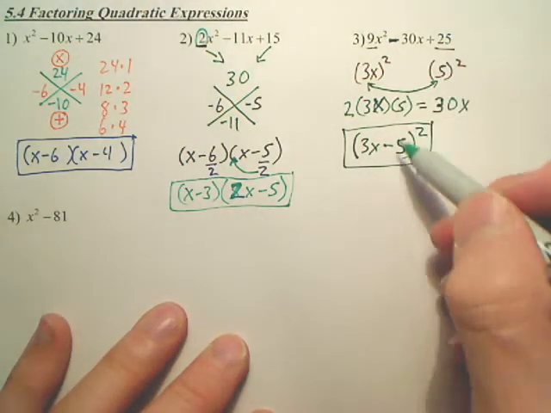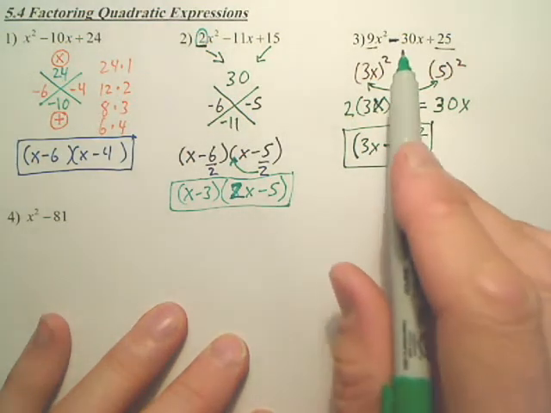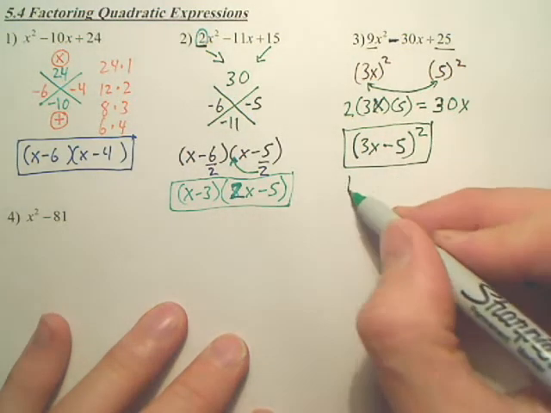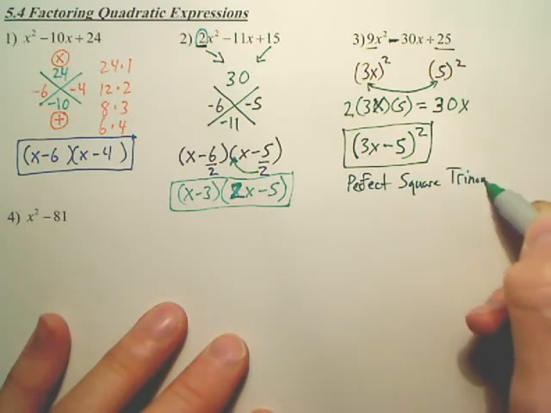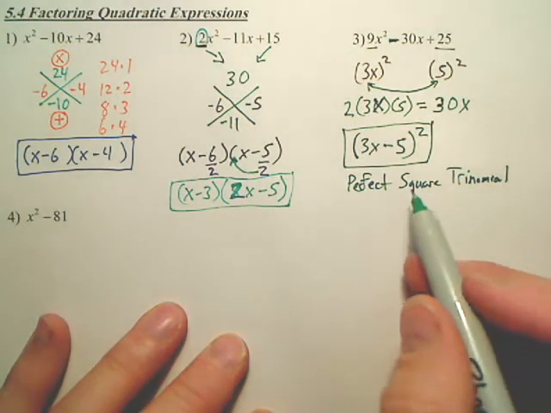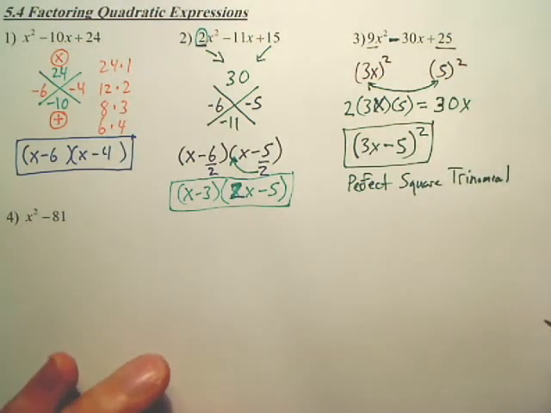You don't need to know this factoring technique, but it makes life a lot easier if it's a perfect square trinomial. It's called a perfect square trinomial. Because it's squares and it's trinomial with 3 terms.